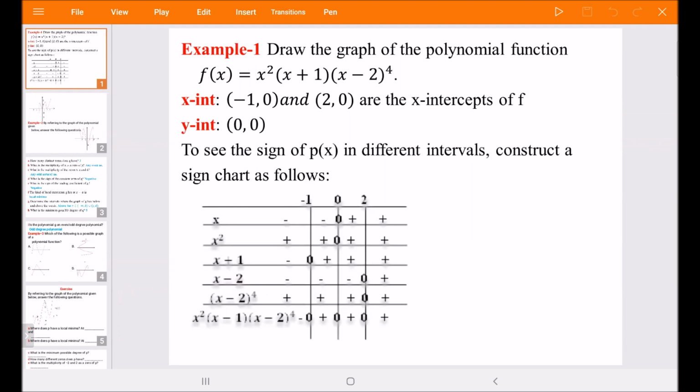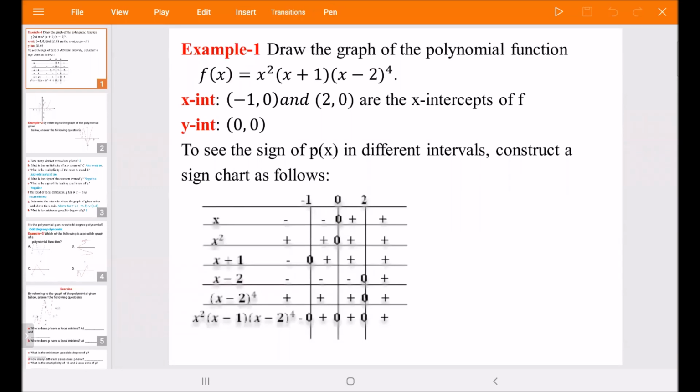Actually, if a given polynomial is given in factorized form, and if x with any power is a factor of this polynomial, then the graph of this polynomial passes through the origin. So there is no need to determine the y-intercept, because this point, the origin, is a common point for the x-axis and the y-axis.